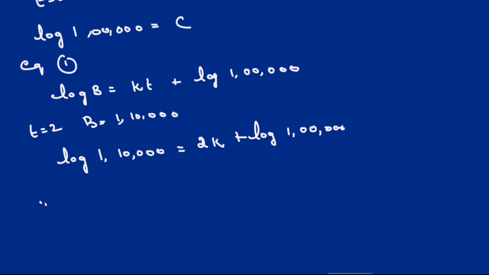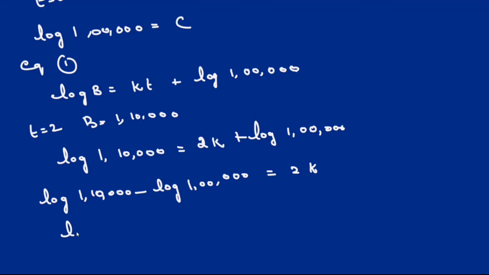So bring this 1 lakh this side. Log 1 lakh 10,000 minus log 1 lakh is equal to 2k. So use the quotient rule here. So log of 1 lakh 10,000 divided by 1 lakh is 2k.